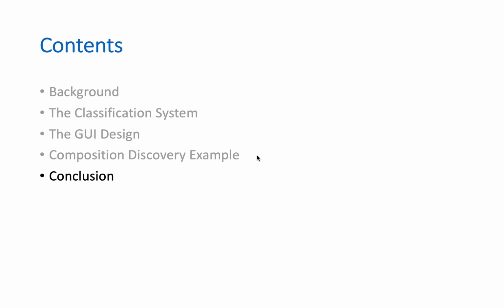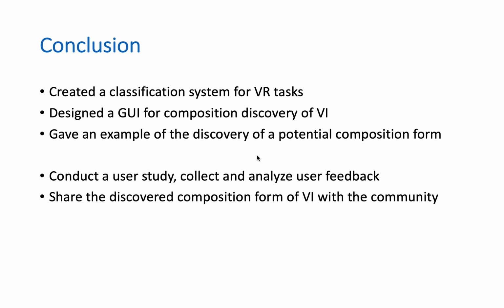To conclude, in this work we have created a classification system for view recommendation tasks, and we have used a GUI to identify the utility measures and discover the composition of view interestingness. Finally, we gave an example of how we can use the feedback from the GUI in a user study to find a potential composition form of view interestingness.